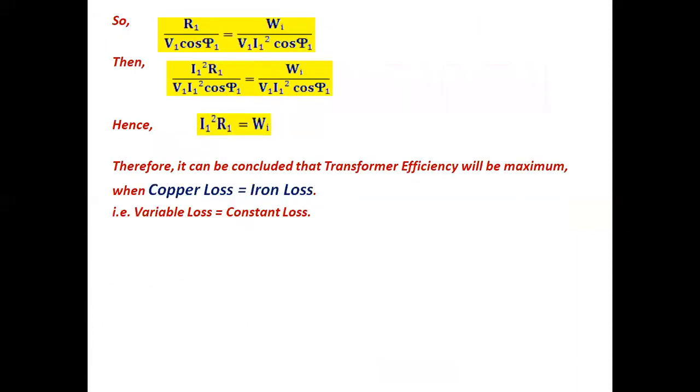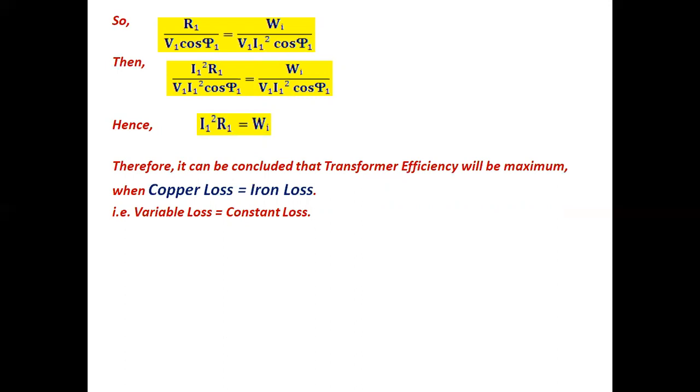So, R1 divided by V1 cos phi 1 equals Wi divided by V1 I1 square cos phi 1, then I1 square R1 equals Wi.